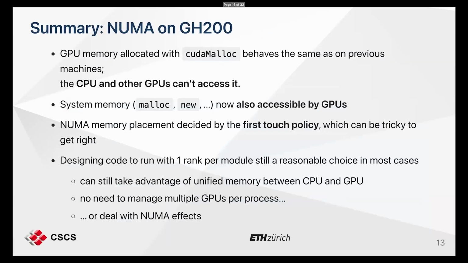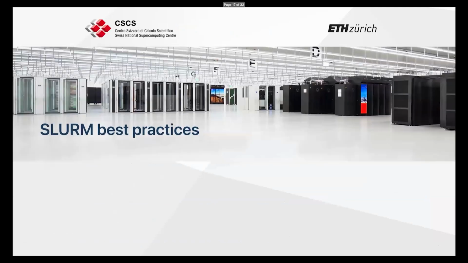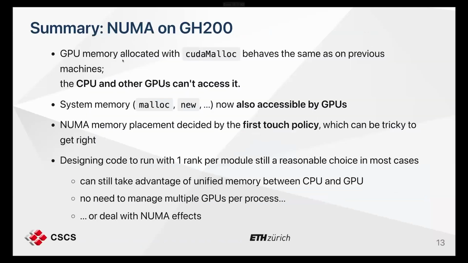So, as a summary, GPU memory allocated with cudaMalloc behaves the same as on previous machines. The CPU and other GPUs can't access it, and there is no automatic page migration. System memory is now also accessible by GPUs. NUMA memory placement is decided by the first touch policy.